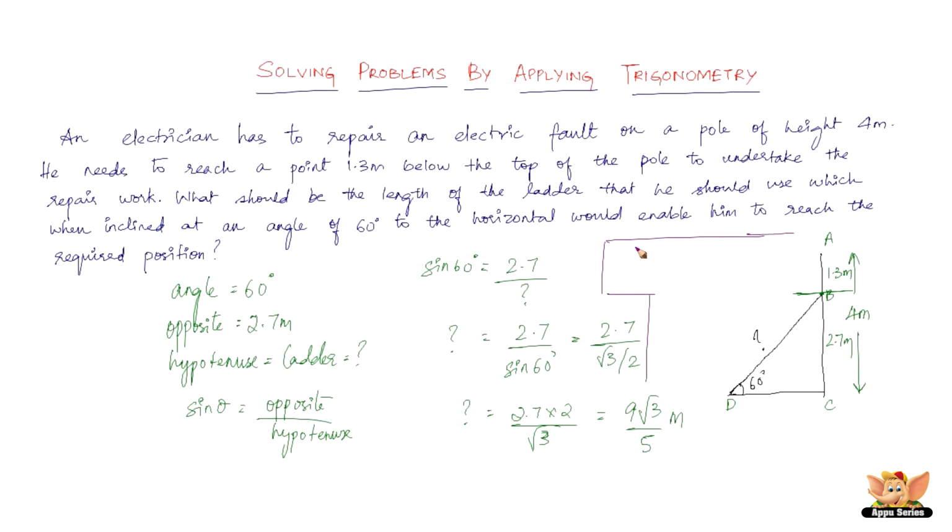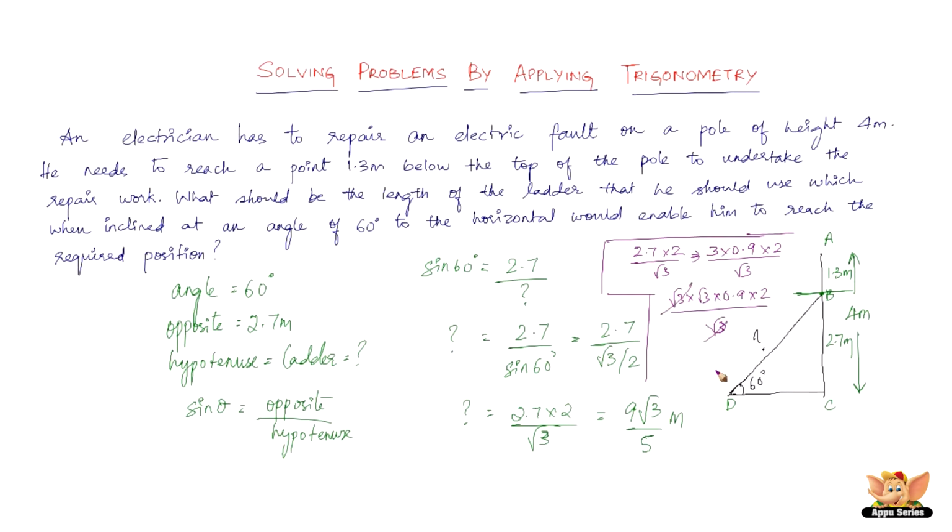Right, so we've got 2.7 into 2 by root 3. So let us write this as 2.7 can be written as 3 times 0.9 and multiplied by 2 by root 3, and 3 can be written as root 3 times root 3, so 0.9 into 2 by root 3.